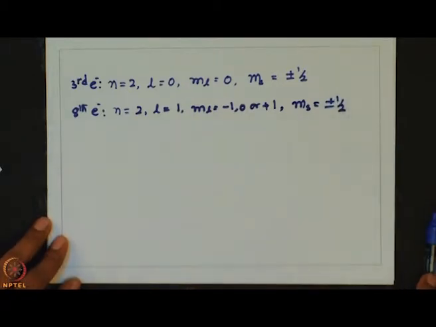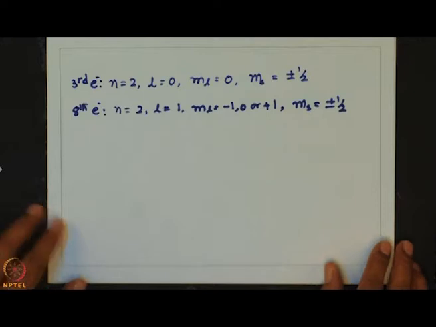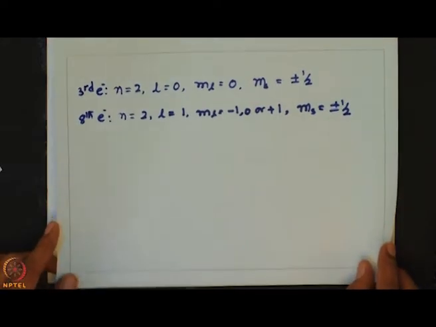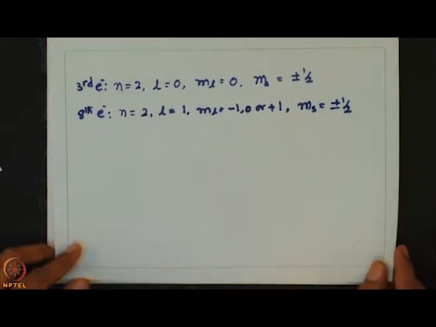So, this is how one can write all the quantum numbers for any electron in an atom.